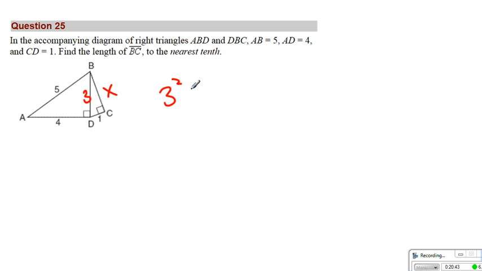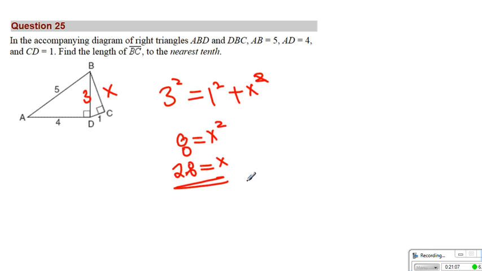So then we have 3 squared is equal to 1 squared plus x squared. We can simply subtract this, where 3 squared becomes 9, 9 minus 1 becomes 8, which is equal to x squared. And then x must be equal to about 2.8-ish. That becomes our answer.